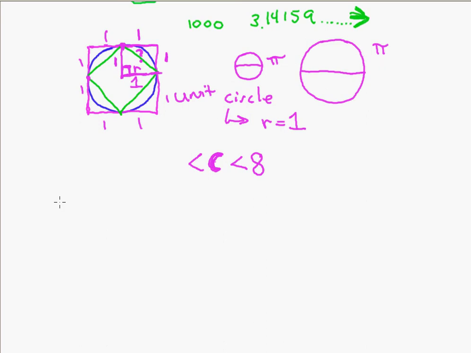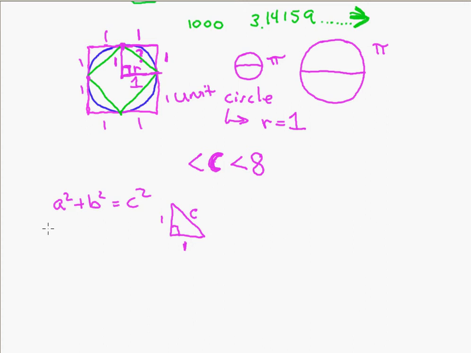Remember, Pythagorean theorem says a squared plus b squared is equal to c squared. In this case, our triangle looks like this, sort of. And let's see, this is equal to 1, that would be a, and b is also equal to 1, so what is c?